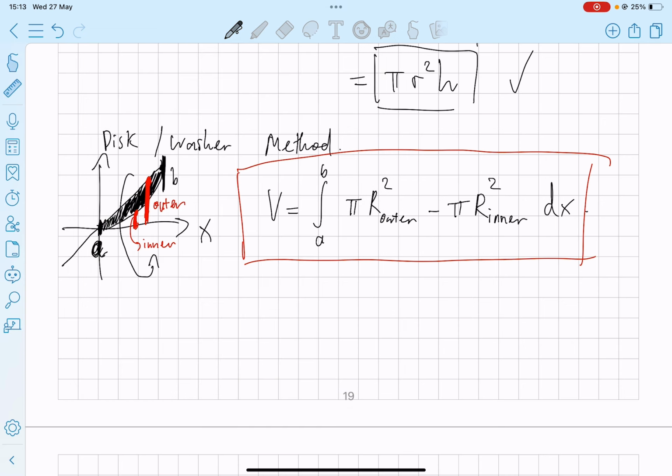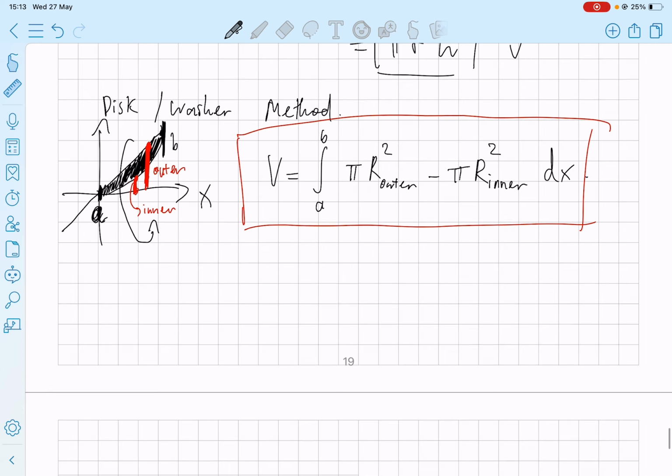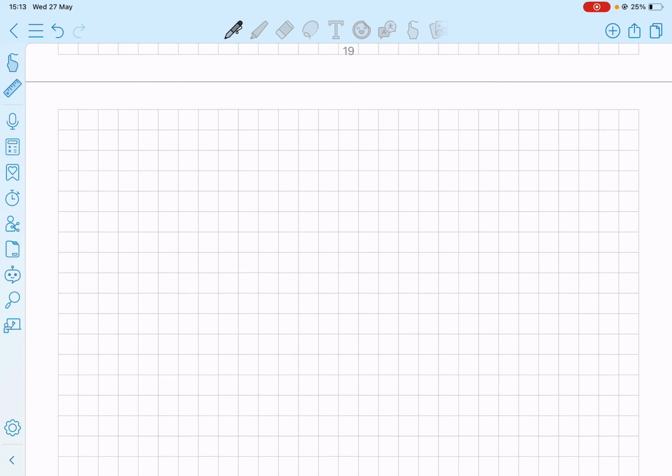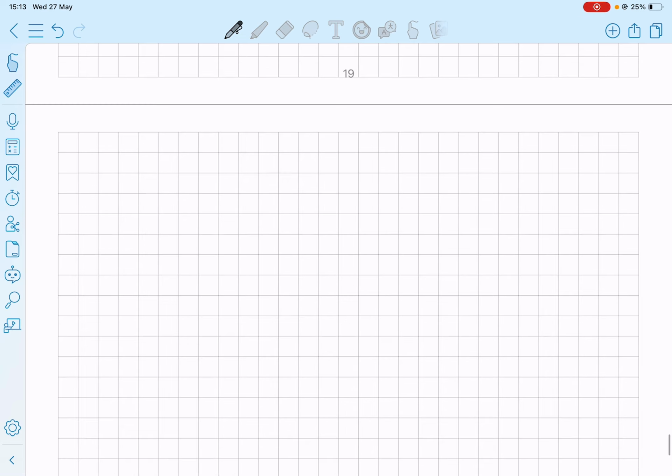So really simple, right? All you need to know is this equation. So let's jump to an example and apply the formula that we just learned. Find the region enclosed by the curves y equals x and y equals x squared, rotated about the x-axis.